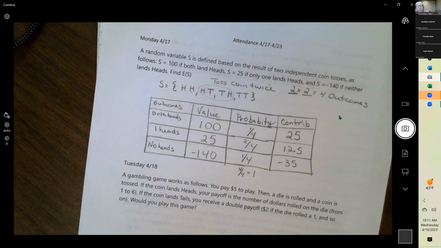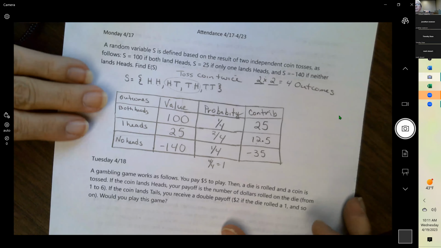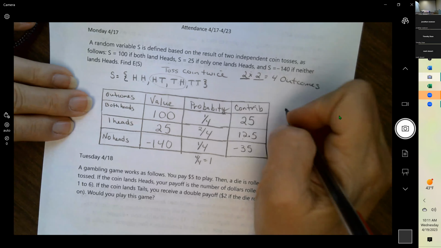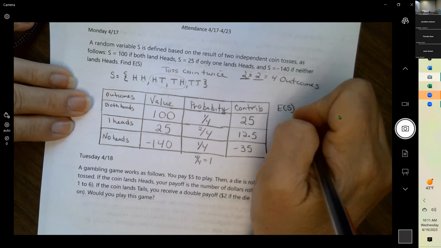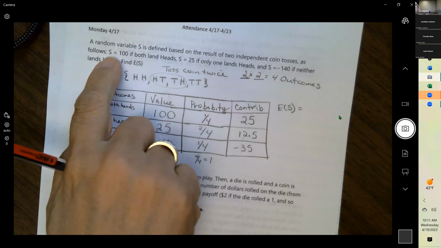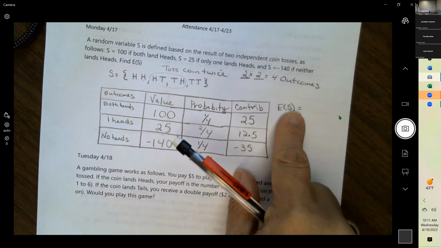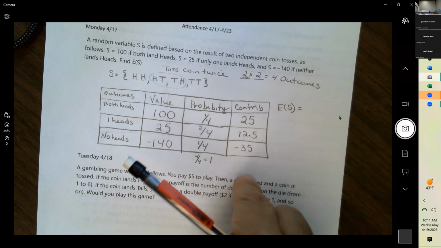Any questions on that? I might have enough room to put it here. And they called it S, so the expected value of S, you add your contributions up.